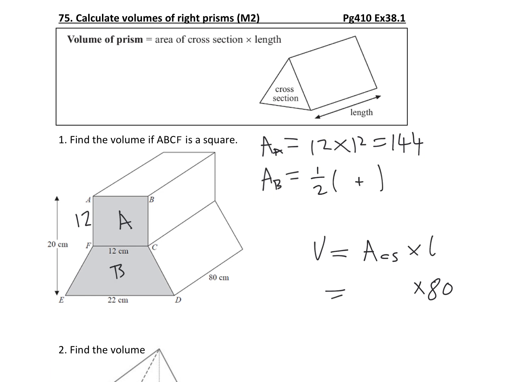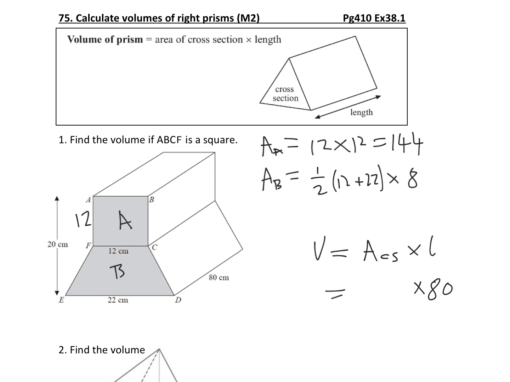You add the parallel sides, which is the 12 and the 22. You multiply that by the height, or to be more accurate, it's better to describe that as the distance between the parallel lines. Now, the whole shape's height is 20, and the square has a height of 12, which must mean the trapezium has a height of 20 minus 12, which is 8.